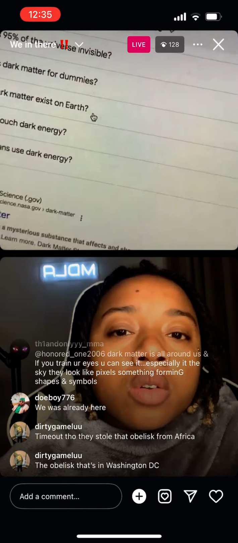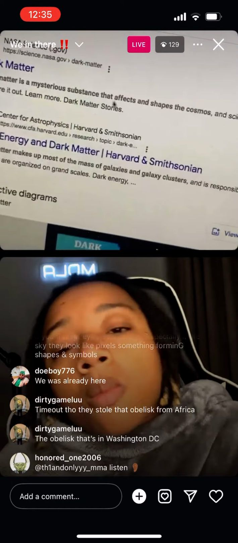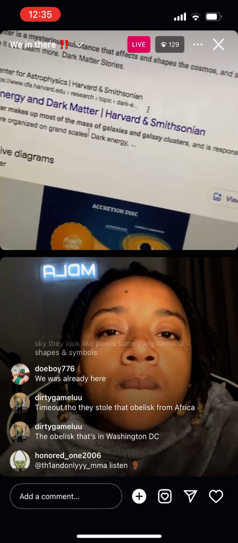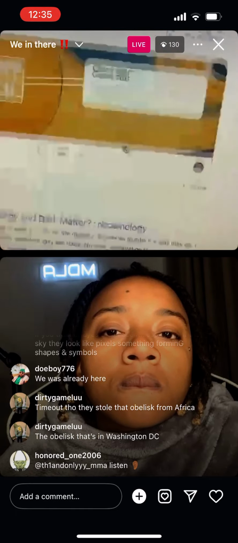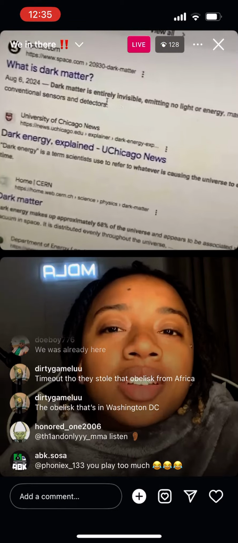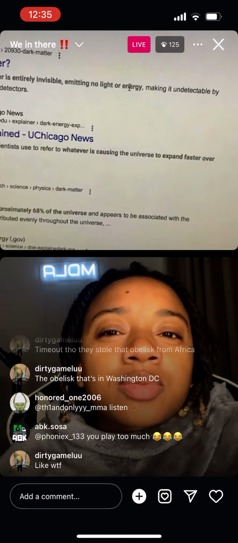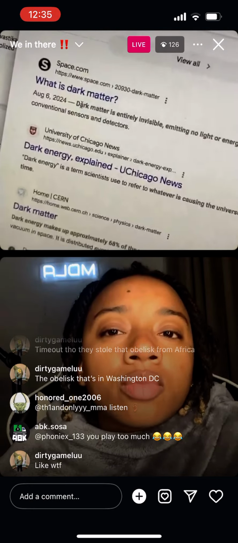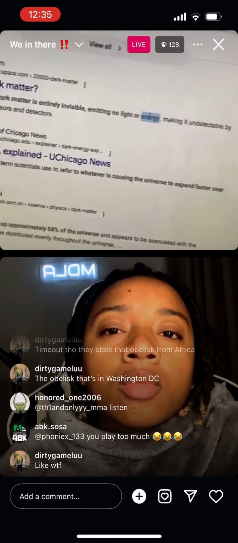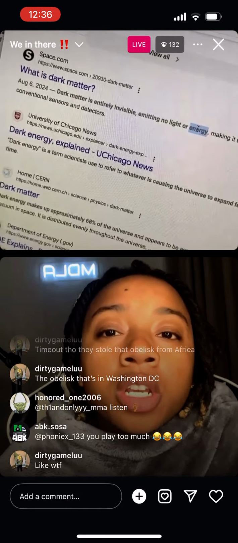Dark matter is a mysterious substance that affects and shapes the cosmos. Dark matter makes up most of the mass of galaxies and galaxy clusters. Dark matter is entirely invisible, emitting no light or energy. So let me ask you a question. If dark matter emits no energy, what is dark matter energy? That would be contradicting, right?